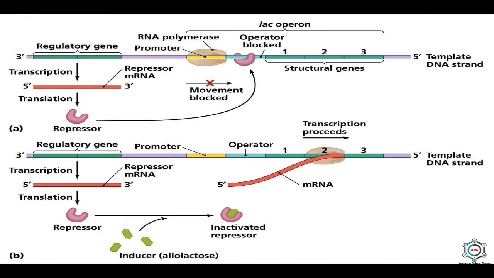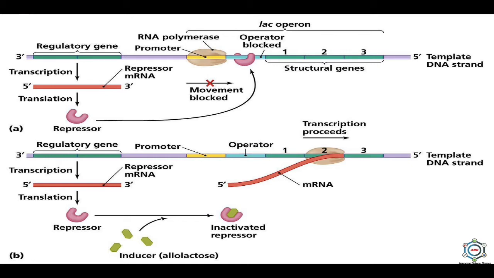Now, inducers and the induction of the lac operon. Normally, E. coli cells make very little of any of these three proteins, but when lactose is available, it causes a large and coordinated increase in the amount of each enzyme. Thus, each enzyme is an inducible enzyme and the process is called induction.